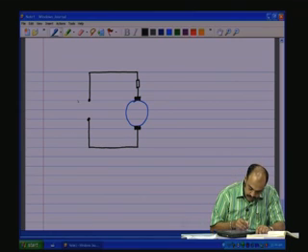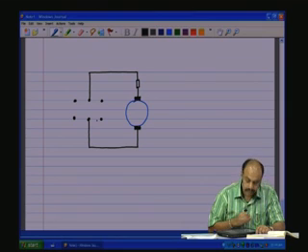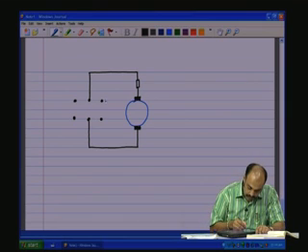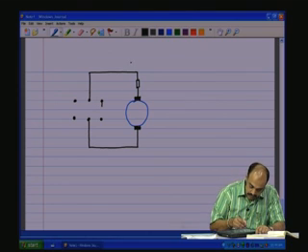Now, so I am going to have these 3 positions here. Now, here I am going to, let me take another color.